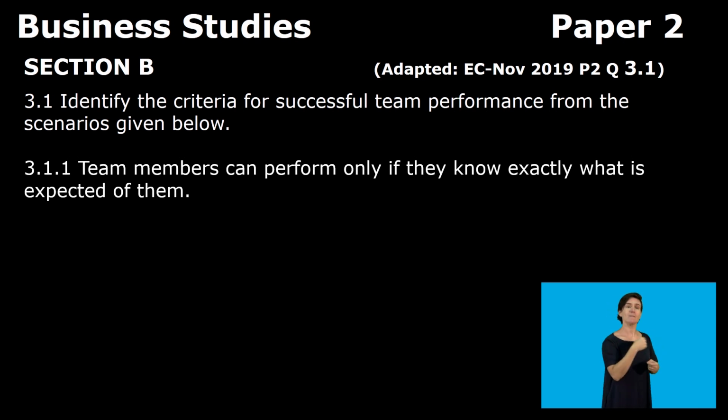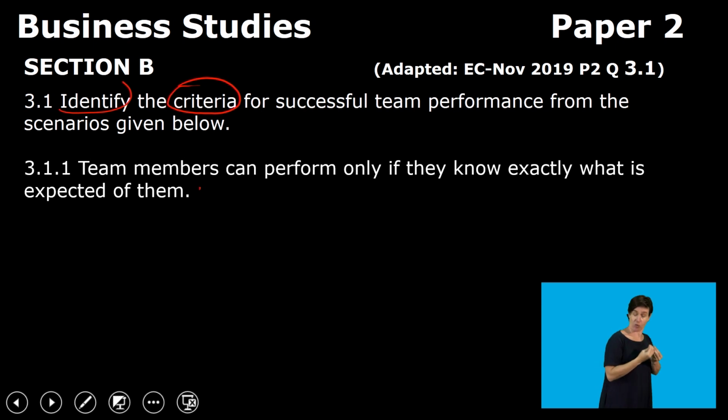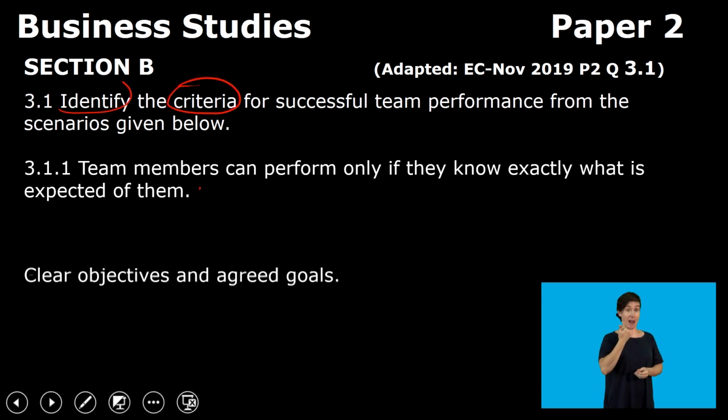So now identify the criteria for successful team performance. You just identify, you're not explaining. Which criteria do you think is this one? I hope you have the answer right now.